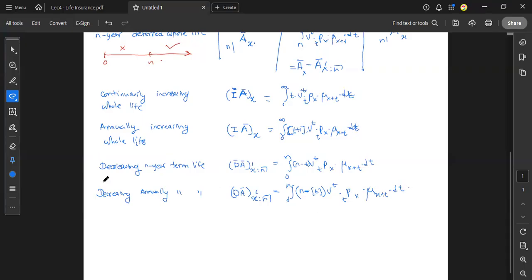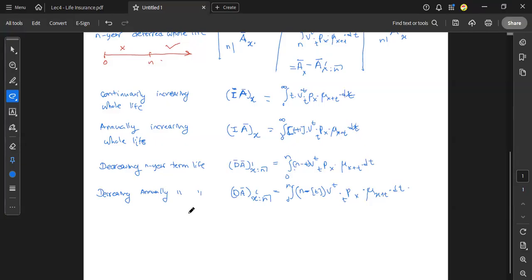So that is for the decreasing. If it is increasing term life, we just replace n minus t by t and go from 0 to n. Here again, for the annual case, it's t plus 1 bracket from 0 to n for the annually increasing term life case. So those are the cases that we can think about.